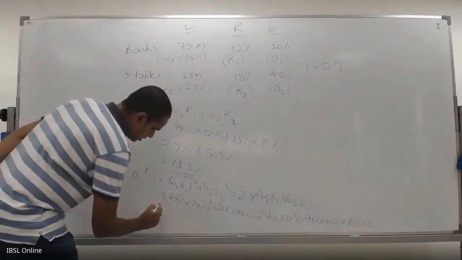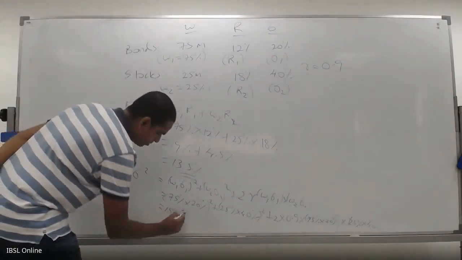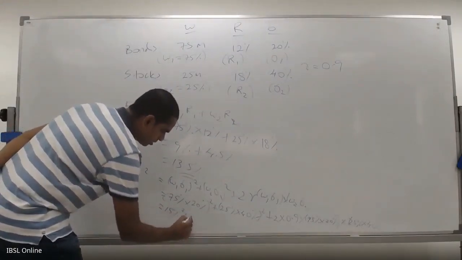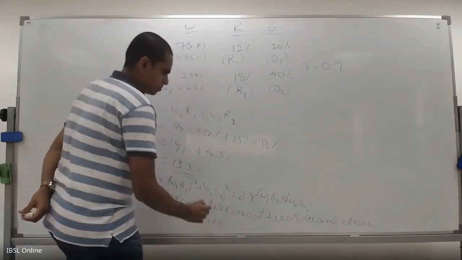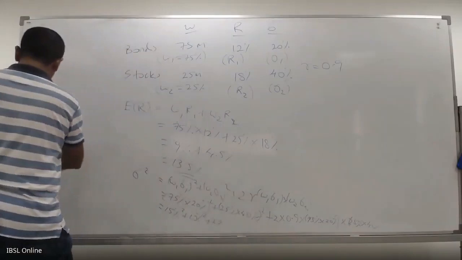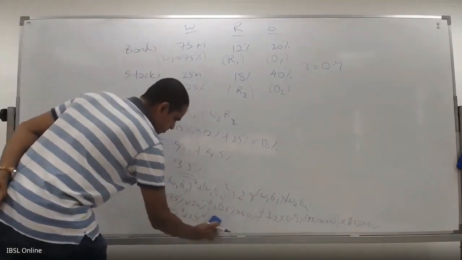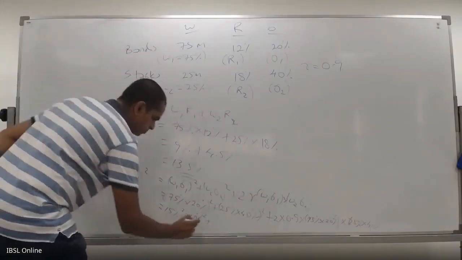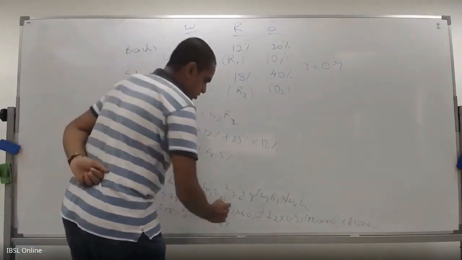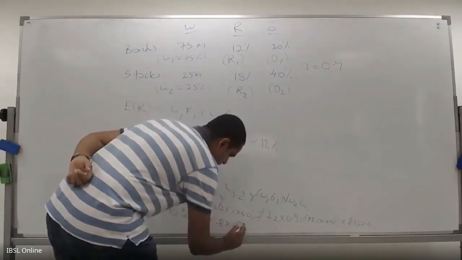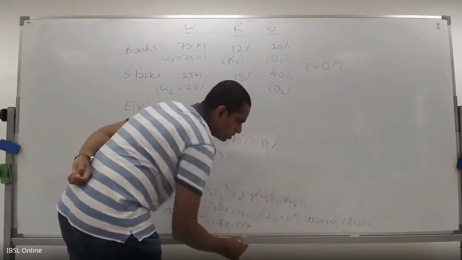So it is 15% square plus 10% square plus 2 times 0.9, which is 1.8, into 15% into 10%.